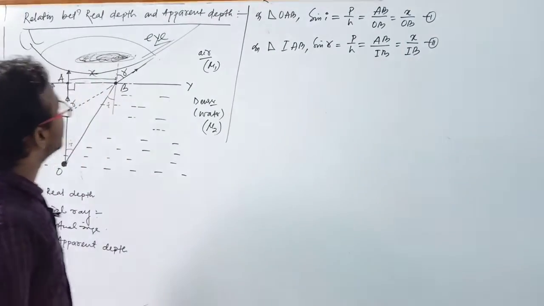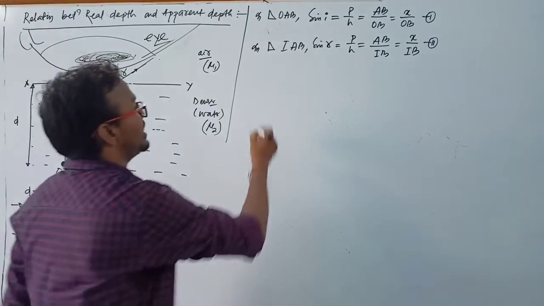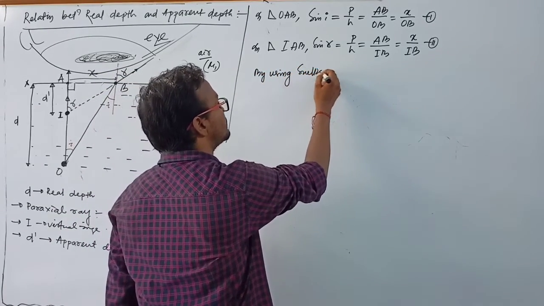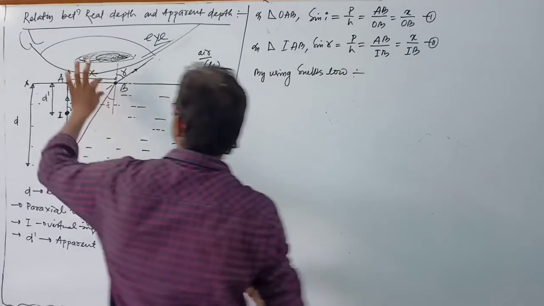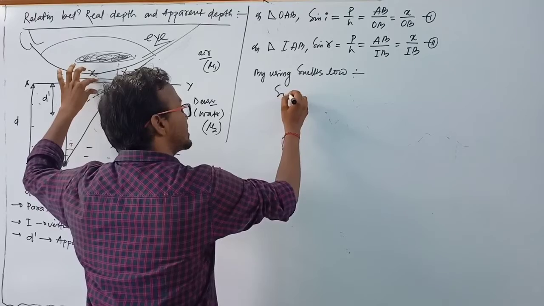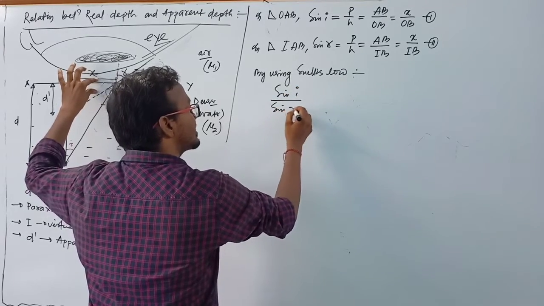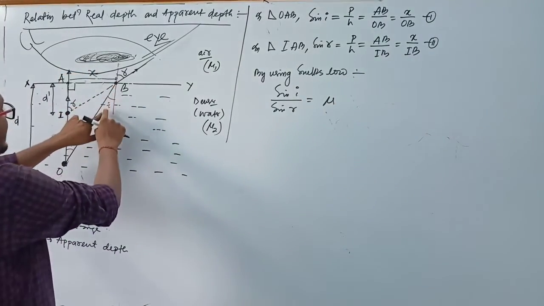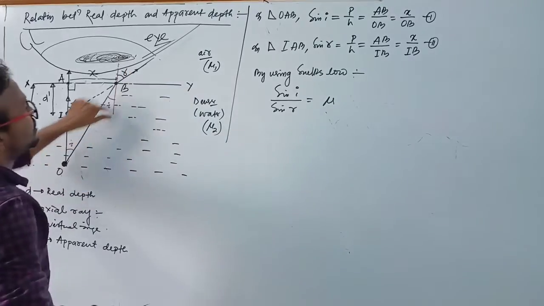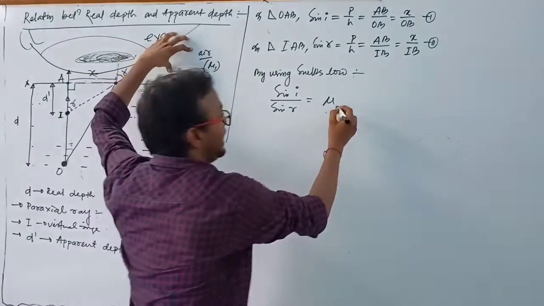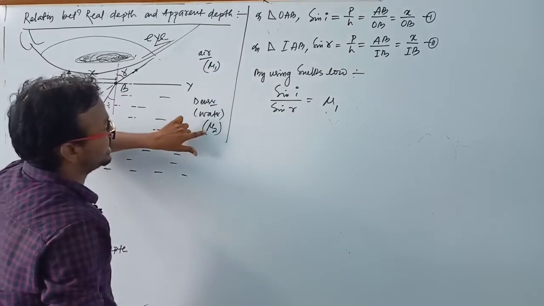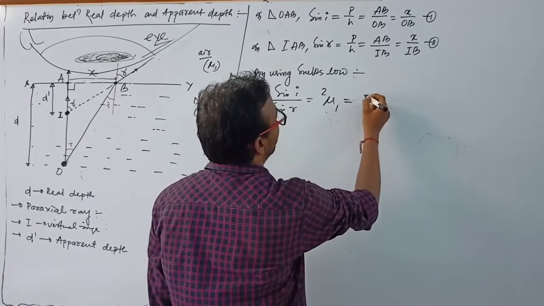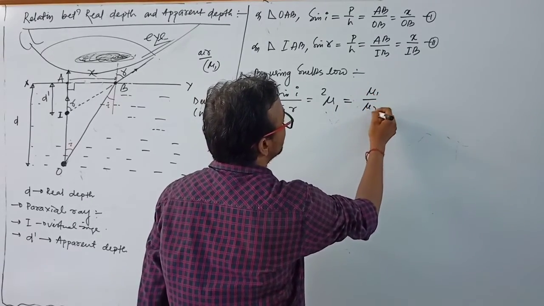Clear? Okay. Using Snell's law at the interface XY, we can write sine I by sine R equals the refractive index of the second medium with respect to the first medium, that is 2 to 1, or you can write it as mu 1 by mu 2.